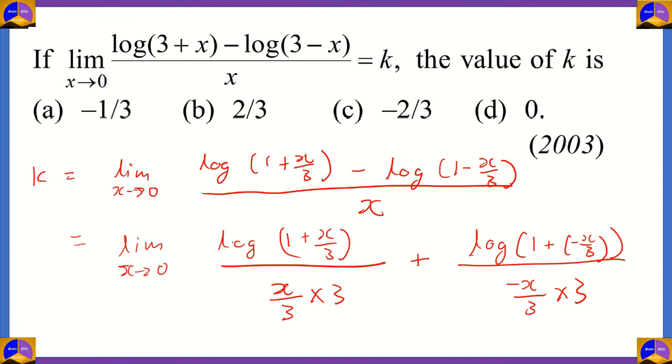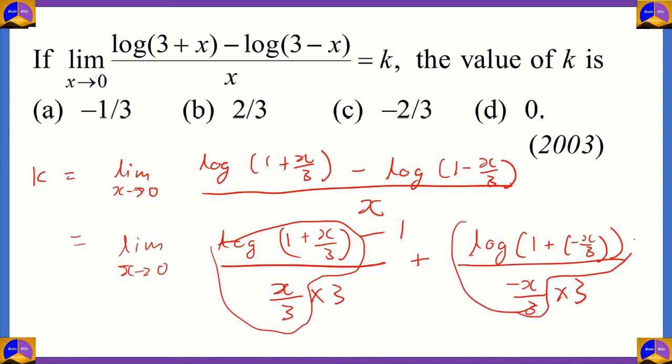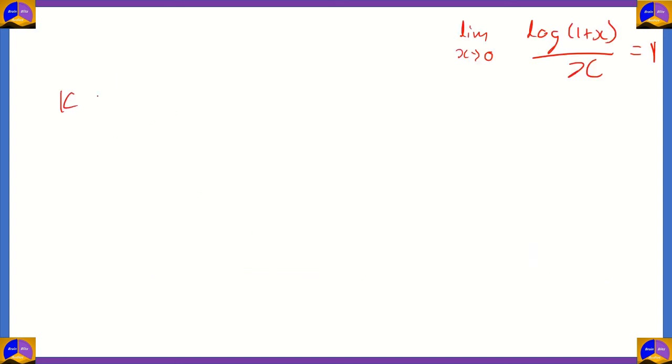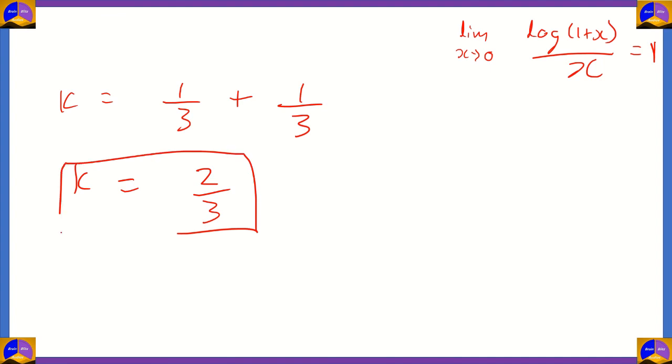So as you can see, log 1 plus x by 3 divided by x by 3 will be equal to 1. And again, log of 1 plus minus of x by 3 divided by minus of x by 3 again is equal to 1. So therefore, the value of k will now become 1 by 3 plus 1 by 3. Therefore, the final value of k is 2 by 3.